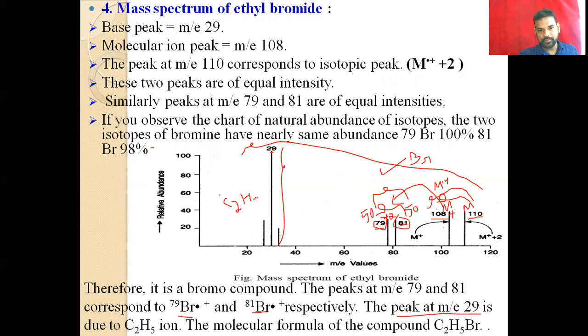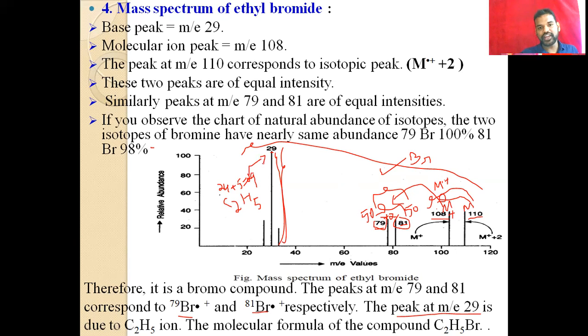Just calculate the molecular mass of C2H5: carbon 12 times 2 is 24, plus 5 hydrogens with atomic mass 1, so the mass becomes 29. This fragmentation is very common, and because of it we get the base peak at 29.